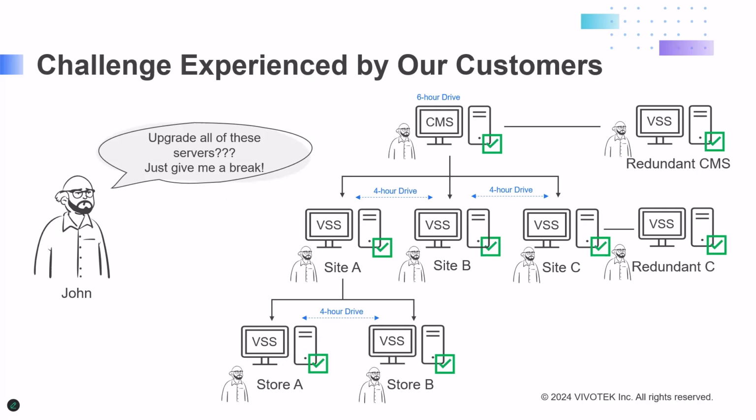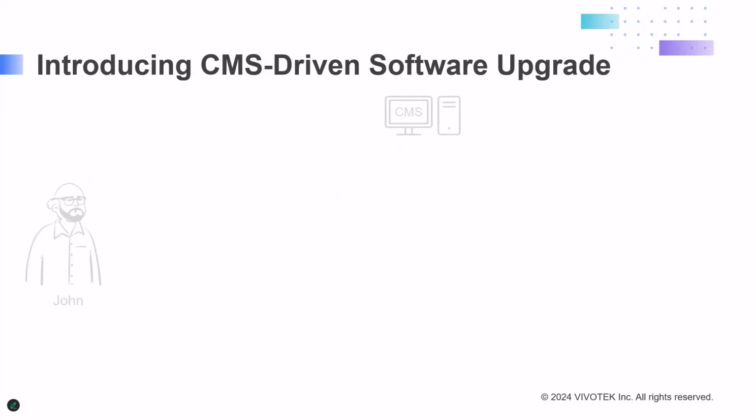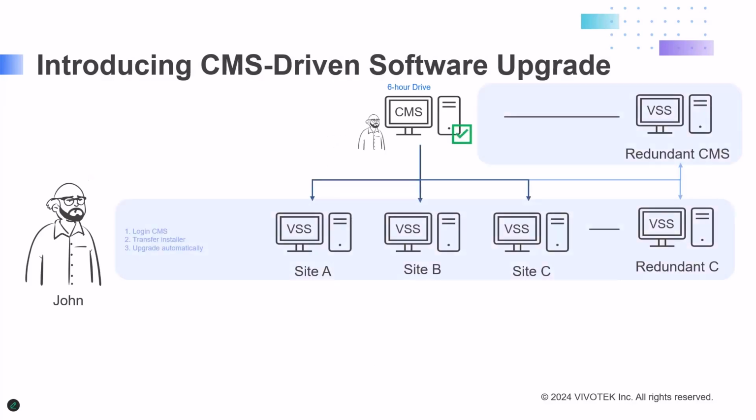How much time did John spend on the road? How much time did he spend at each location updating each server? How many times did he get a phone call saying, hey, I'm getting an error message saying there's a version mismatch, because they didn't read the email that he sent out that this is going to be a couple week long process?